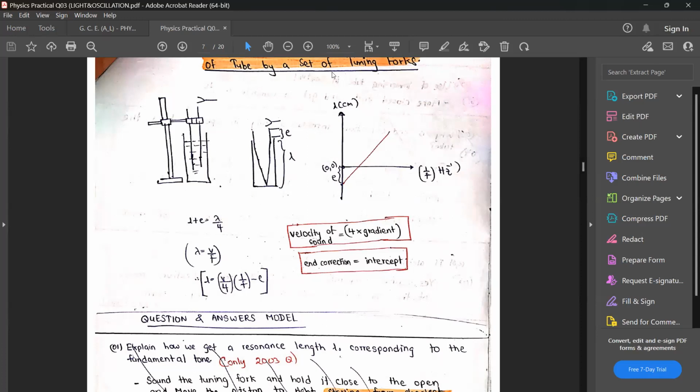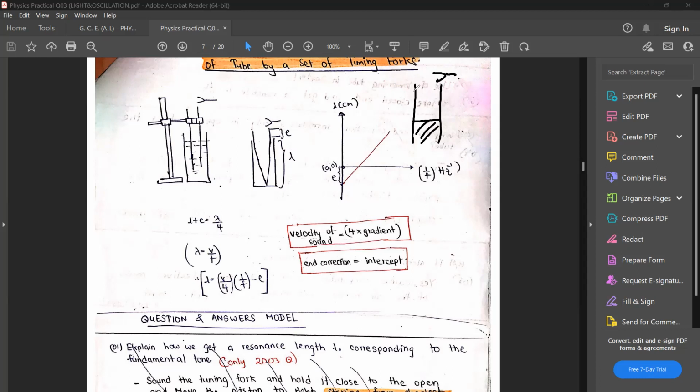It's like this. Let's say when you do the practical, you randomly detect a certain resonance. But who knows whether this resonance is that of the fundamental overtone or that of the first overtone? We don't know, right? So due to that reason, it is advised to start at which point?